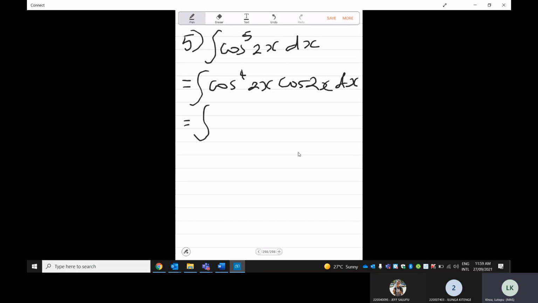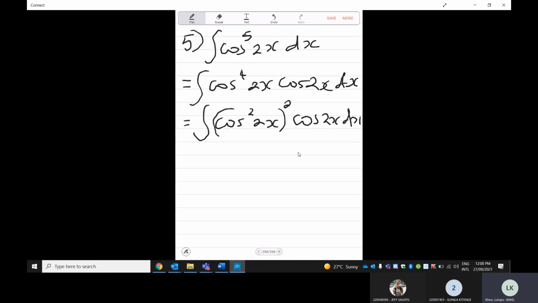So this is the integral of cos squared 2x squared, and this is cos 2x dx. Okay, I said we must break it down using the double angle identities, but that won't work.